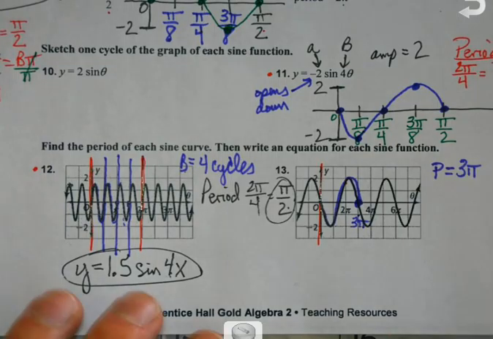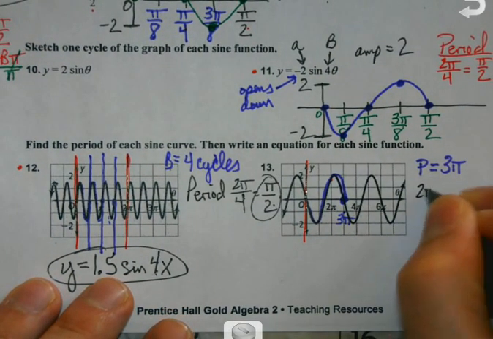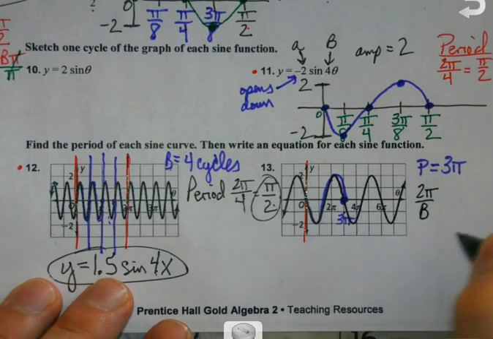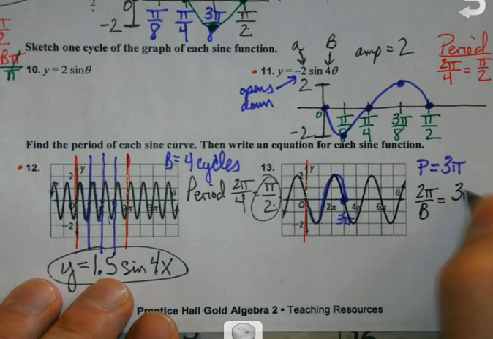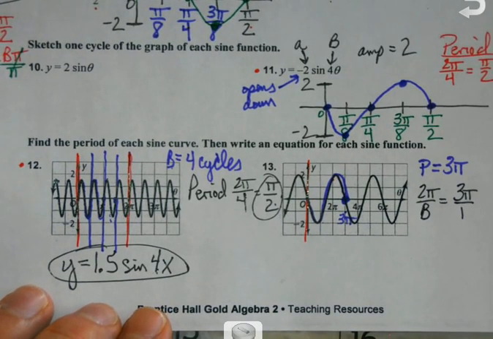It was kind of weird. But now I know my period is always 2 pi over b, and I know my period here is 3 pi. So I've got to figure out b this time. It's kind of doing it backwards from what we did at number 12.